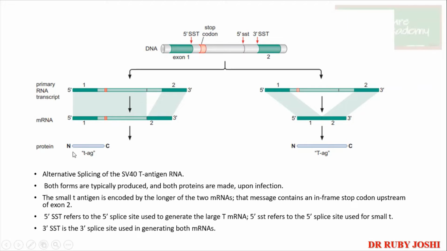If this mRNA contains this much of the intronic region retained, then when it is translating, what will happen? You have the stop codon here itself, so the protein which will be synthesized will be of this much only. Are you getting the point? Yes.